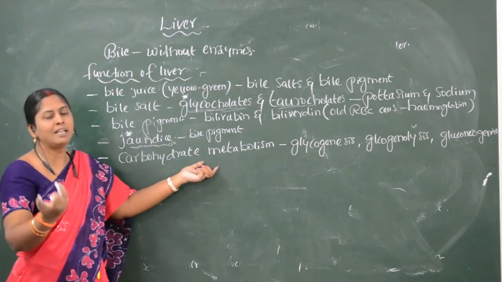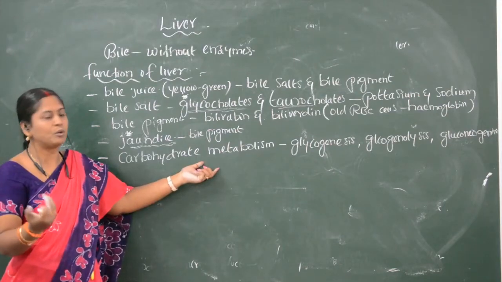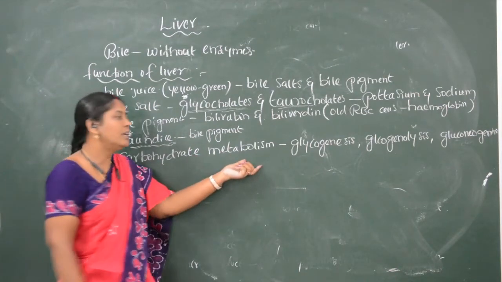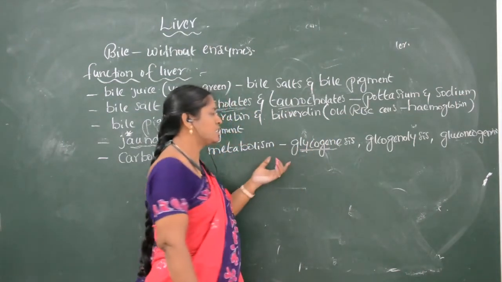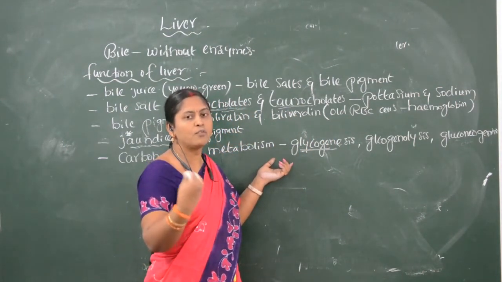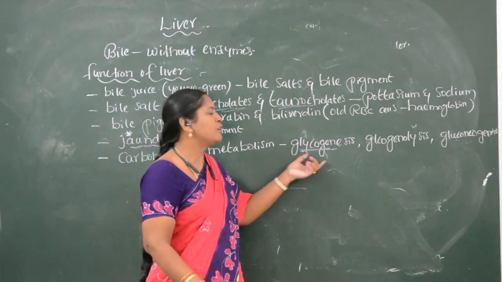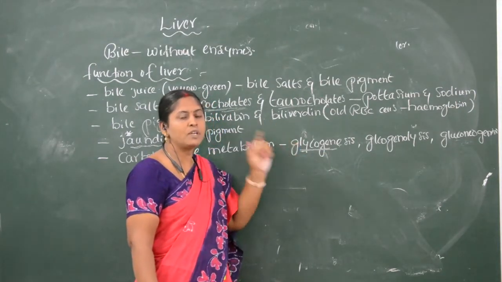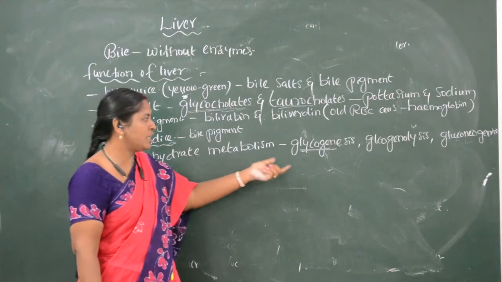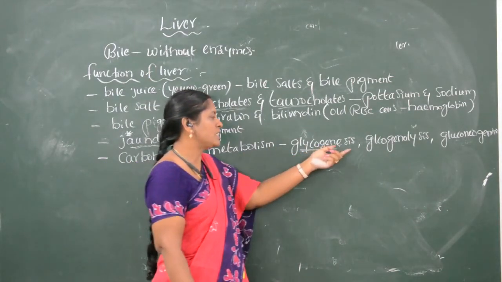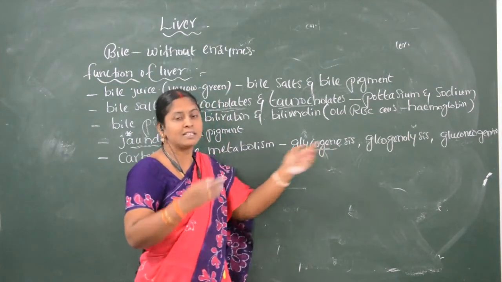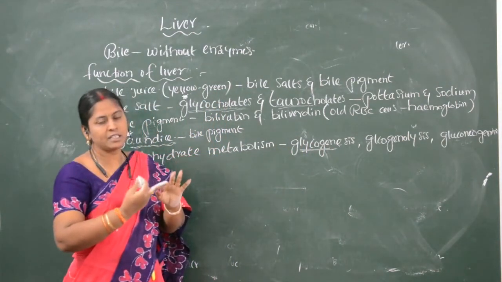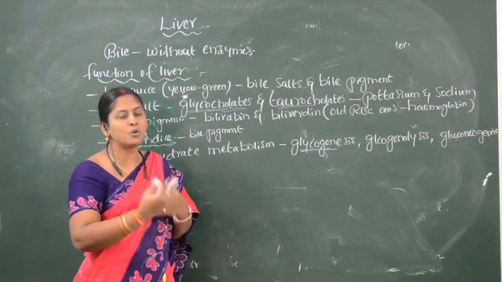In what way the liver plays an important role in carbohydrate metabolism: first, glycogenesis. Glycogenesis is the conversion of glucose into glycogen. Genesis means synthesis. So the liver can synthesize, secrete, or store some kinds of things.